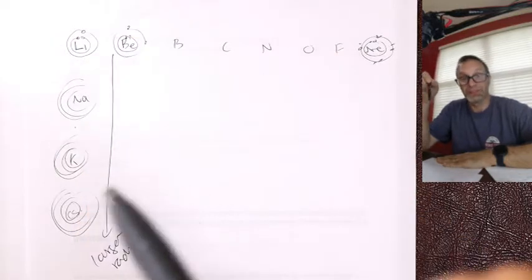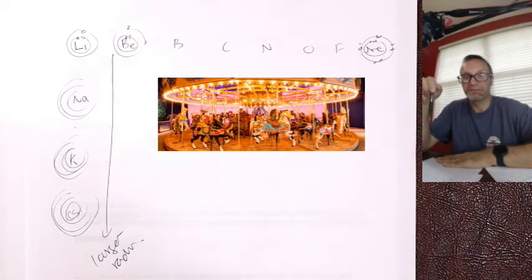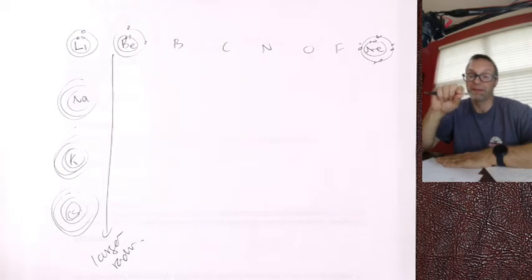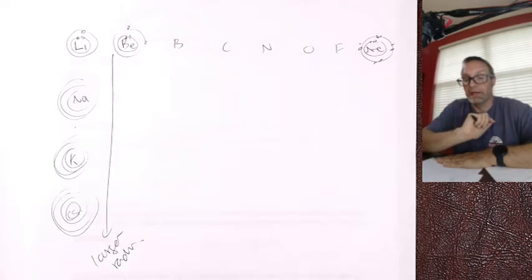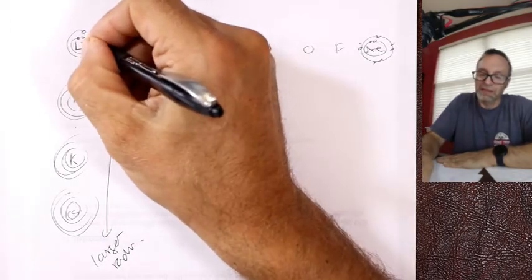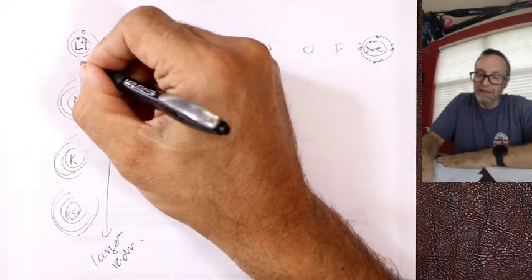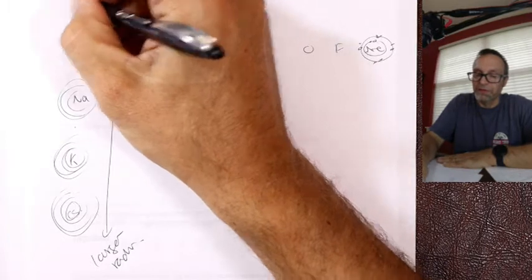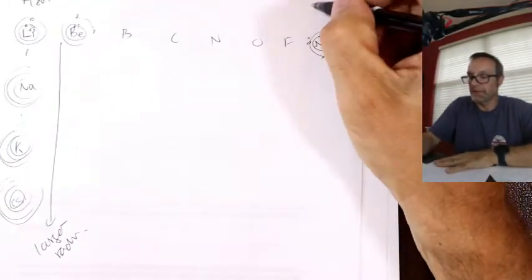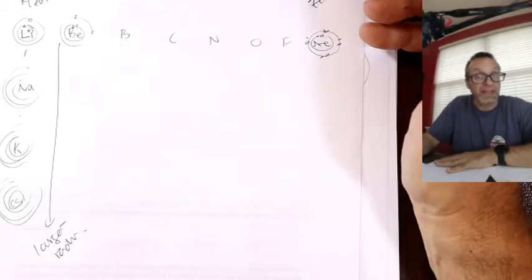So it's like those horses on the carousel I talked about at the carnival. It doesn't matter how many people are sitting on horses in that outer layer, the layer doesn't move, right? So it's a fixed distance from the nucleus. That's the theory of it. But wait a minute, what about the man behind the curtain? The effective nuclear charge on lithium has a +3 nucleus with 2 in the way, +1 effective nuclear charge. If I go all the way up to neon, group A, it's going to be +8.